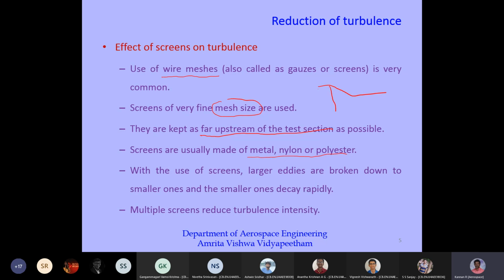So if you want to reduce the turbulence intensity as much as possible, you need to go for multiple screens. But keep in mind that the moment you put more screens, automatically there will be a pressure drop, a loss coefficient. You have to properly estimate that, and relate it to the velocity available in the test section. We have seen that earlier also, your pressure loss coefficient for multiple screens.